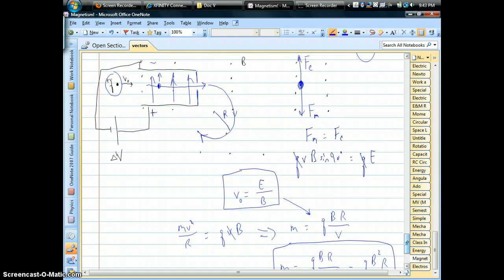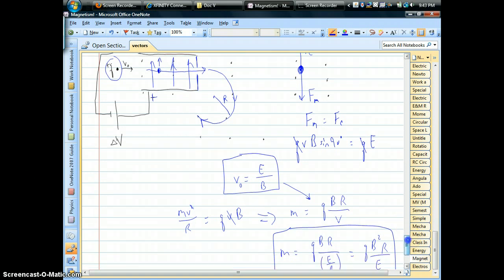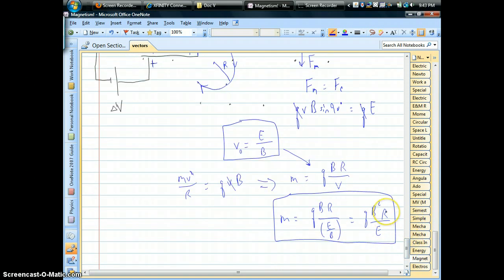Now this is kind of cool because mass spectrometers are what were used to find isotopes. You'd have ions of the same element flying through. It would have the same charge, it would have the same magnetic field, you could have the same electric field, but you would have maybe two or three different tracks, two or three different radii, even if you had the same sample, let's say carbon.